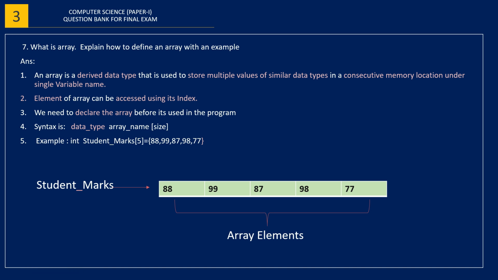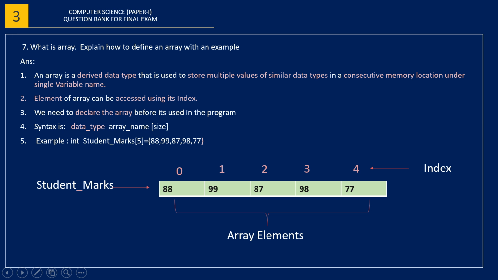Now you got the meaning of element, and what is meant by index we'll try to understand now. The first element will be stored at the 0th index, the second element at the first index, the third at the second. It means the index of an array starts with 0 and ends with size minus 1. So these are the indexes.